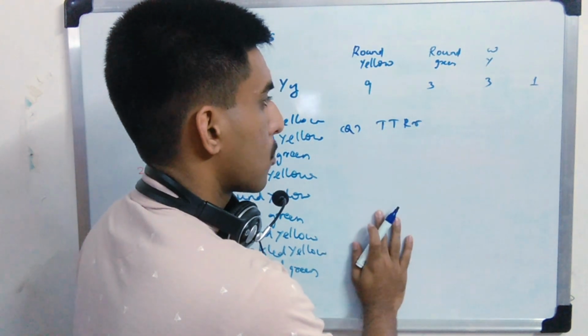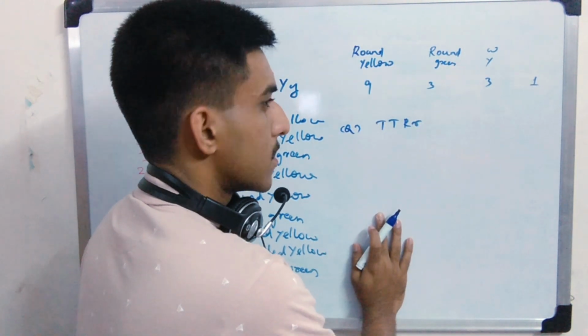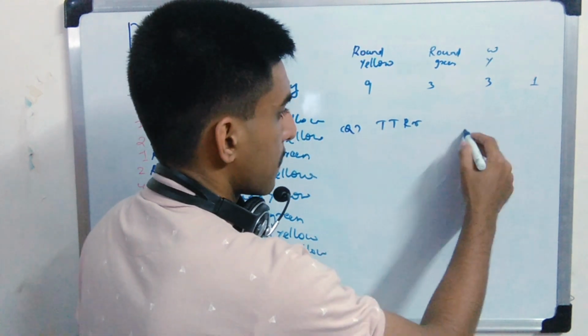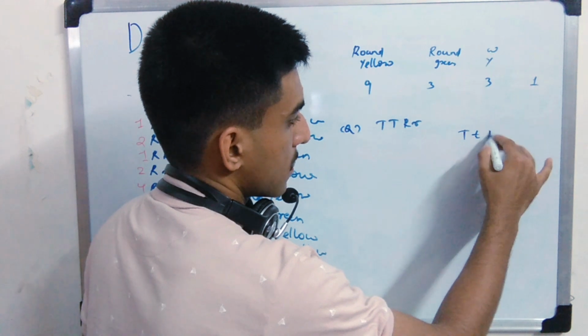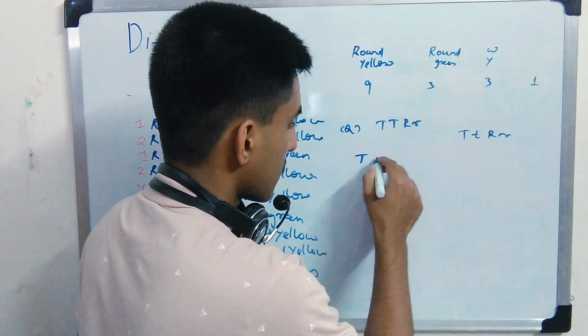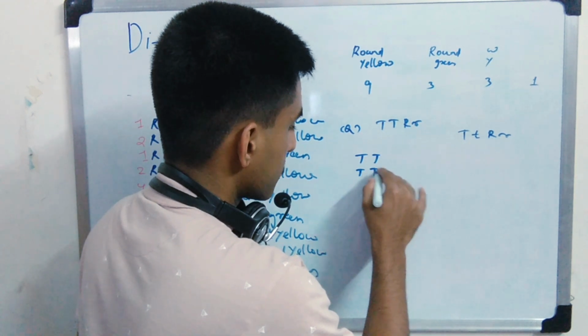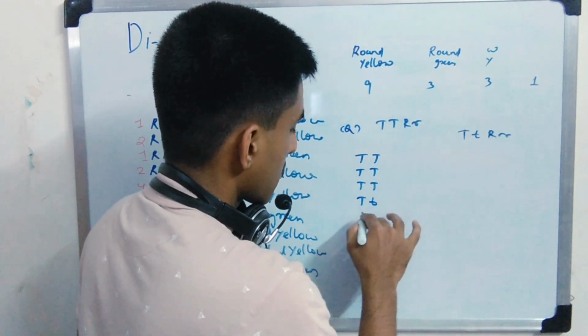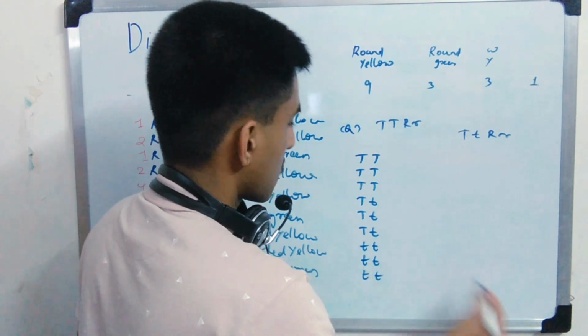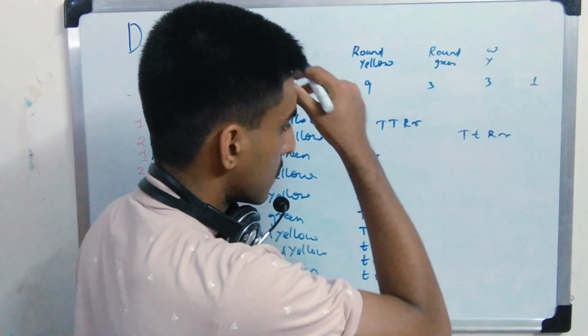So I am going to write the possible genotypic combinations. We know that the parent generation is capital T, small t, capital R, small r. The shortcut form is that we first write capital T, small t, this is the way I mentioned earlier.